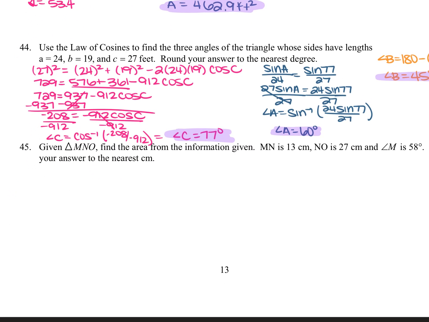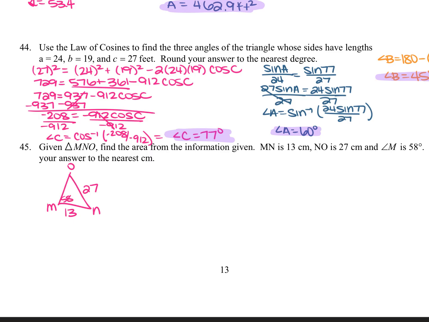Next, you are going to do number 87 from your review. You're given a triangle MNO, and you're finding the area from the given information. It tells you that if you draw this out, MNO, you have side MN, which is 13, NO is 27, and angle M is 58 degrees.